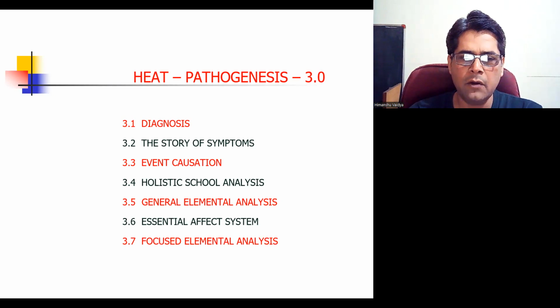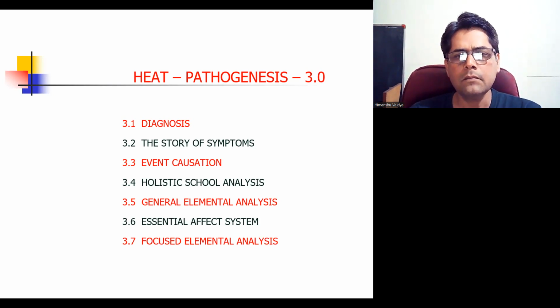From 3.3 to 3.7 is something which is different in heat, which is not found in other schools of psychotherapy, whether East or West. I have slightly changed the order here, which makes it more sequential, compact, and watertight, logically more rigorous.